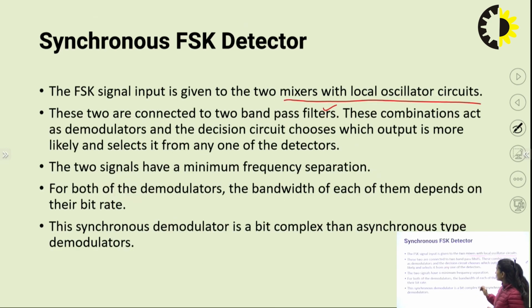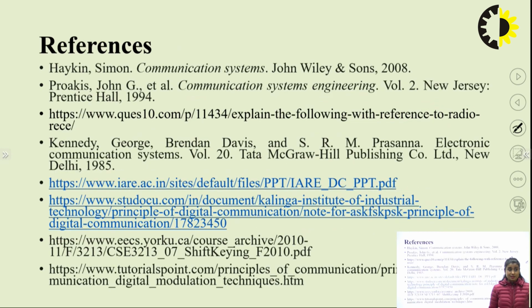This combination acts as demodulators, and the decision circuit chooses which output is more likely and selects it from any of the detectors. The two signals have a minimum frequency separation. True. For both the demodulators, the bandwidth of each depends on the bit rate. True. This synchronous demodulation is a bit complex, right? It should have prior knowledge, so this is a bit complex, right?